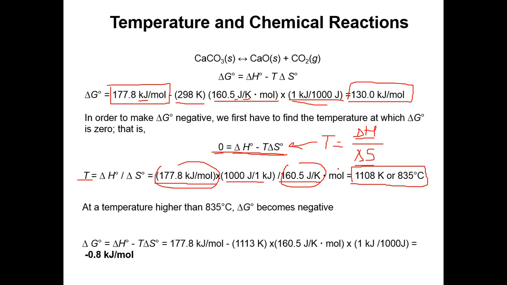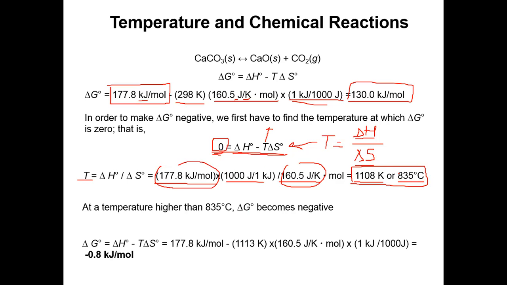Okay, so we found that if we have temperature like 835 Celsius, this is the same as 1108 kelvins, right? So if we have the temperature like this, we will have delta G 0, right? Agree? So in order to make delta G less than 0, we need to increase temperature.